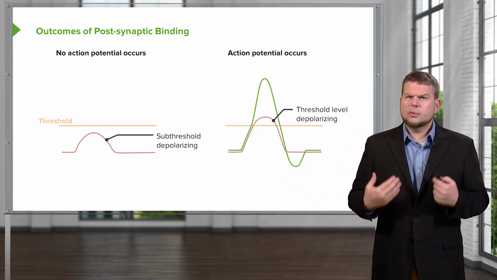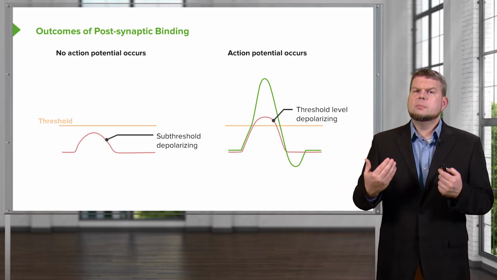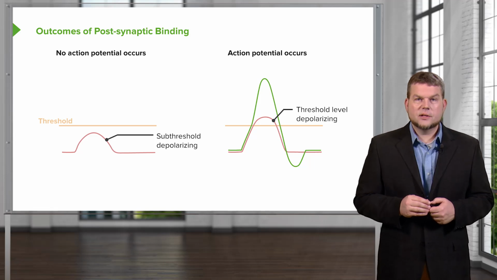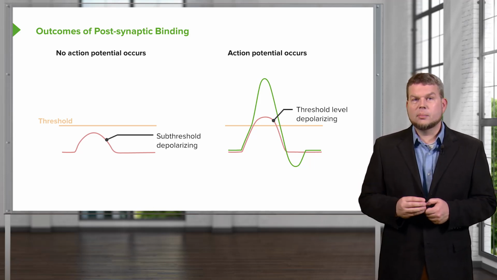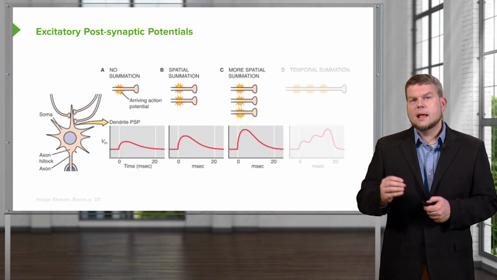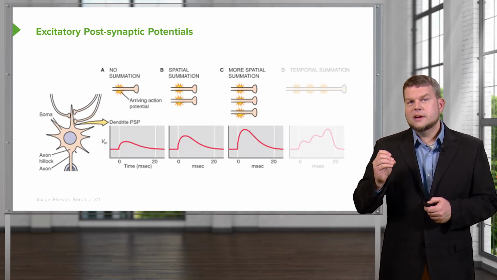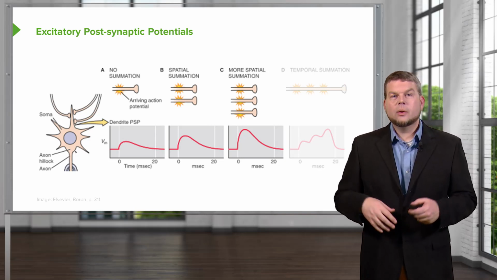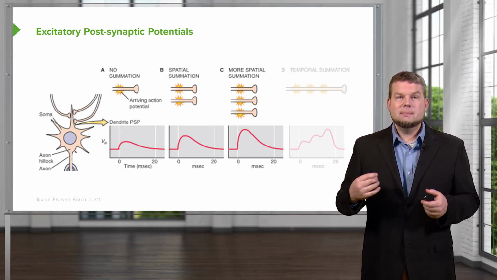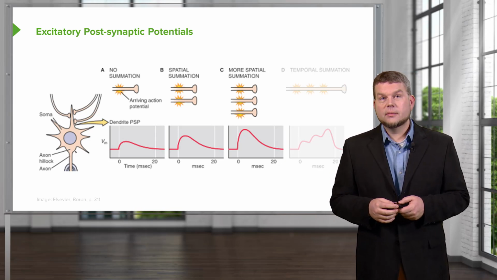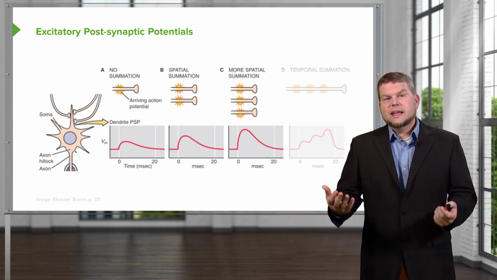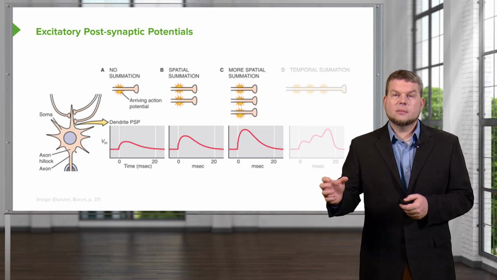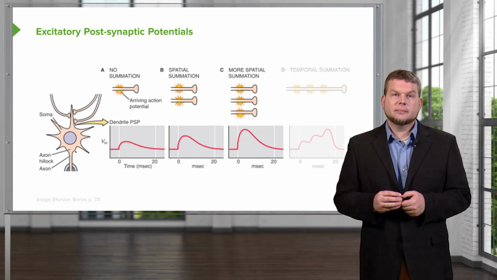So let's go through some processes here that will make this more understandable and how we quantify things like subthreshold depolarization or hyperpolarization. This is done by looking at excitatory postsynaptic potentials. We oftentimes abbreviate these EPSPs for short. So there's ways that we can maximize the amount of potential that comes across the membrane.